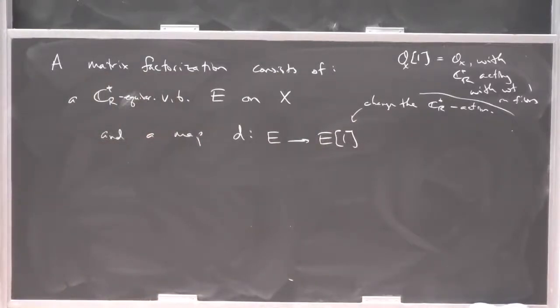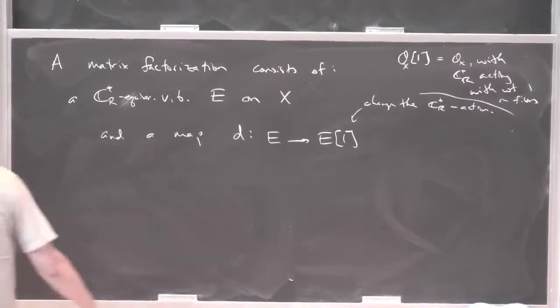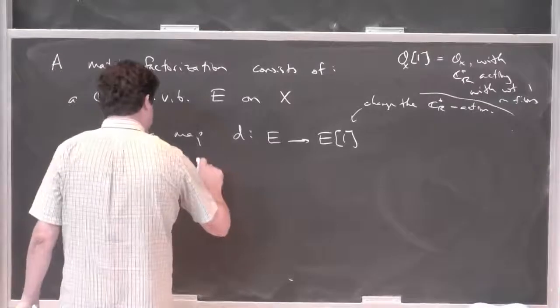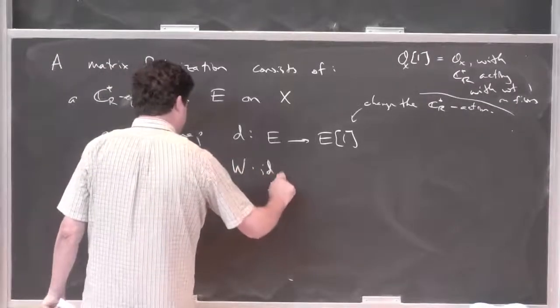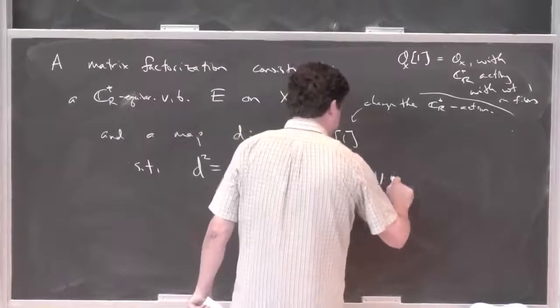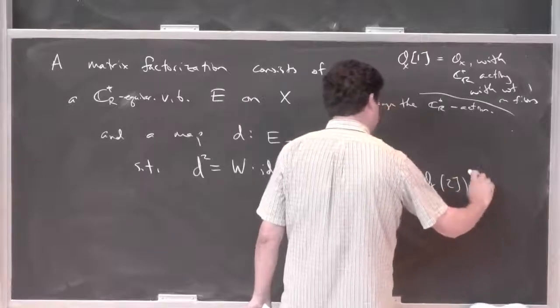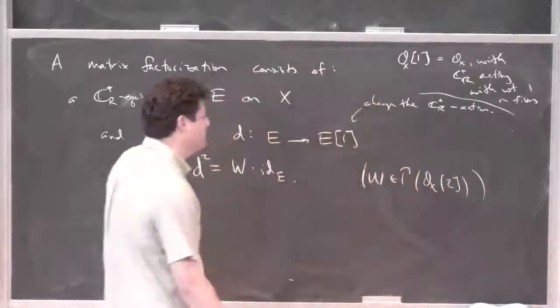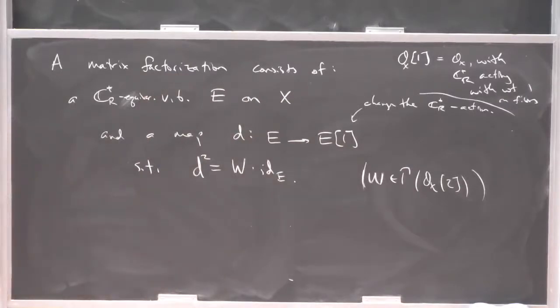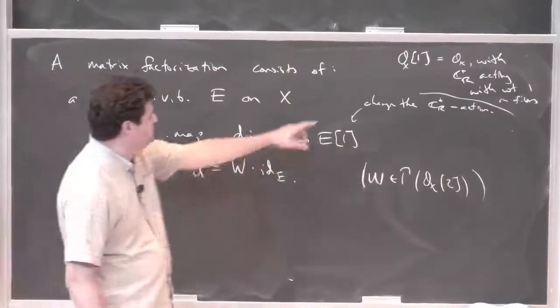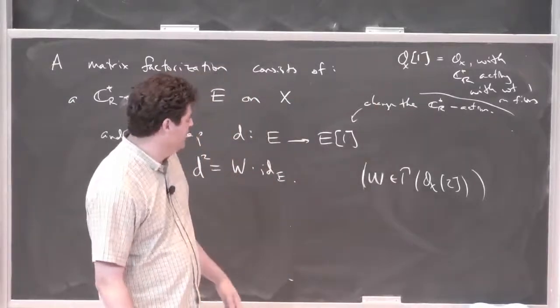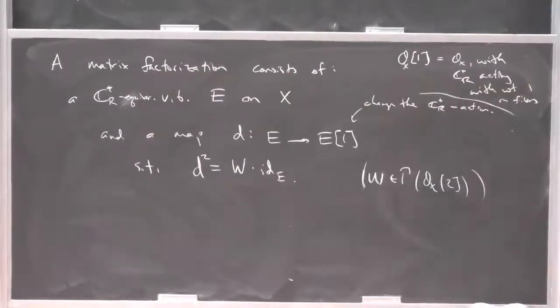It'll just move them around. Such that D squared is W times the identity on E. Remember, W is a section of OX of 2. If I've introduced this notion square brackets for changing the C star action, then rather than write all this business, it's maybe better to say it that way.